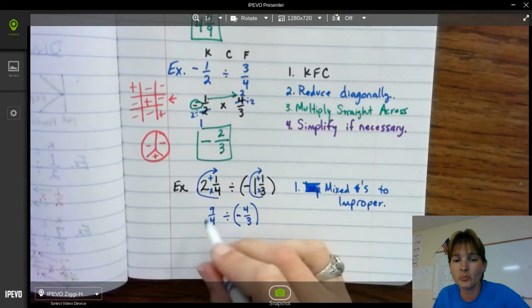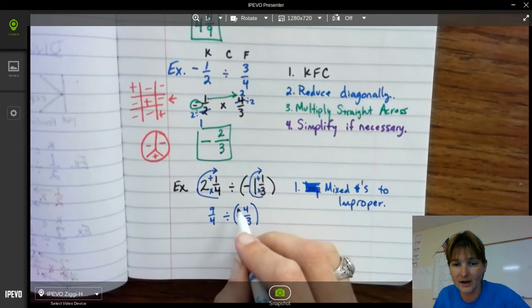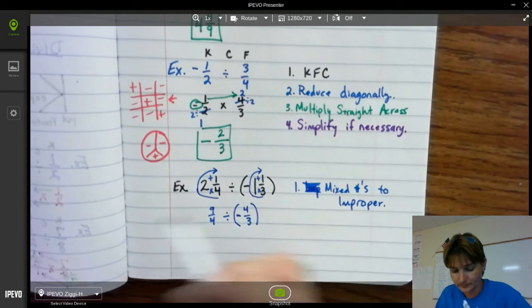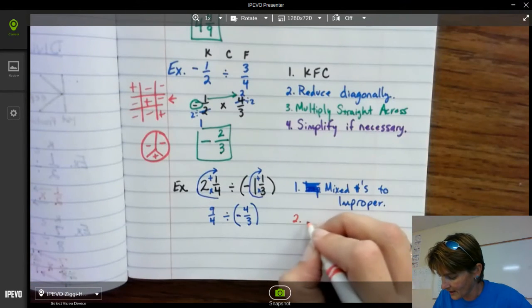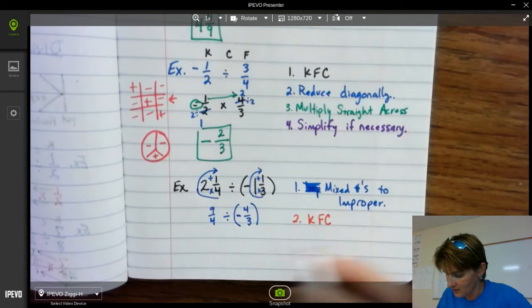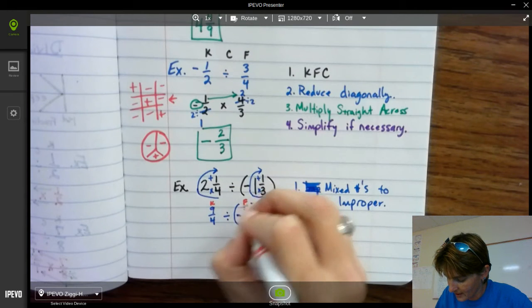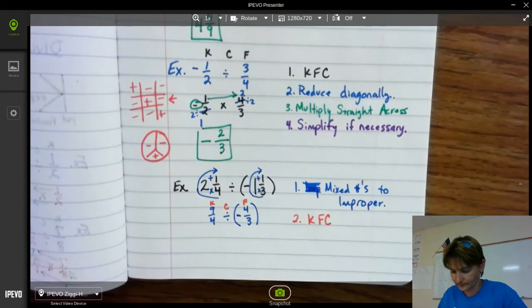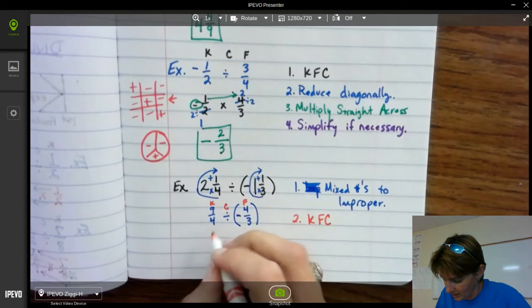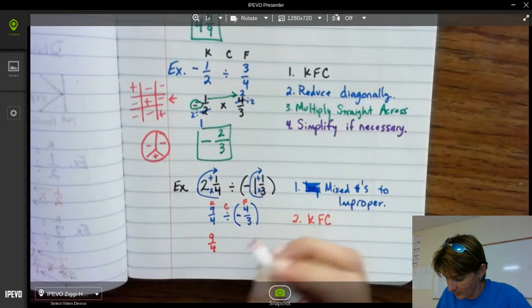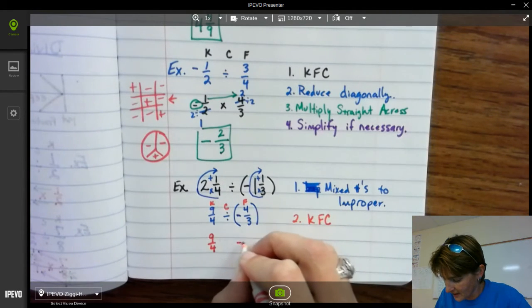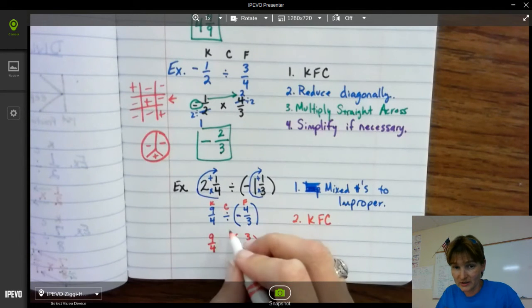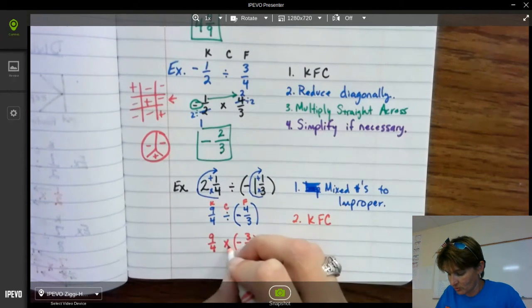I have my new problem here of 9/4 divided by negative 4/3. So at this time, I am going to use my KFC. Keep, flip, change. I'm going to keep the 9/4 the same. I'm flipping the negative 4/3 to negative 3/4. And I'm changing the sign from division to multiplication.